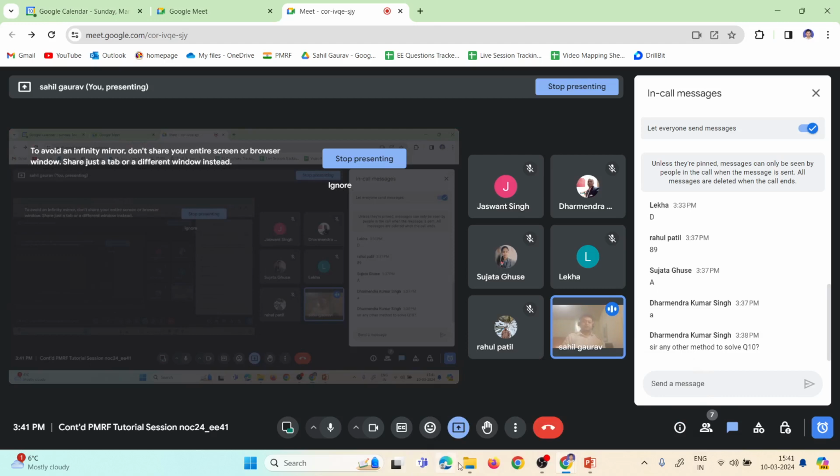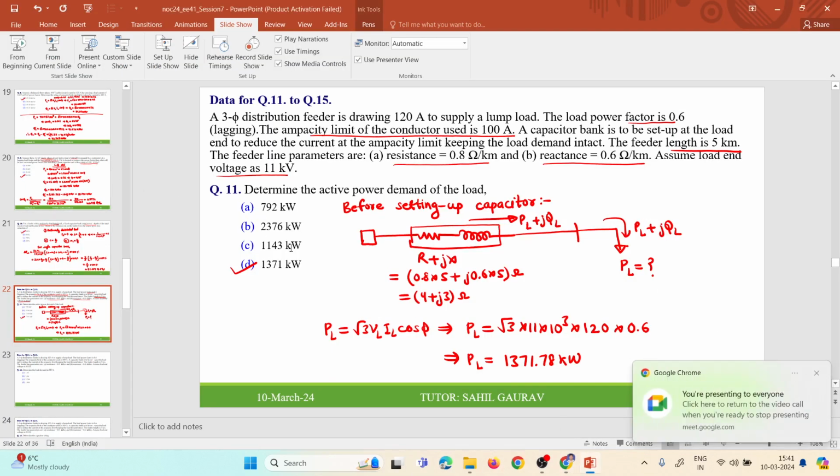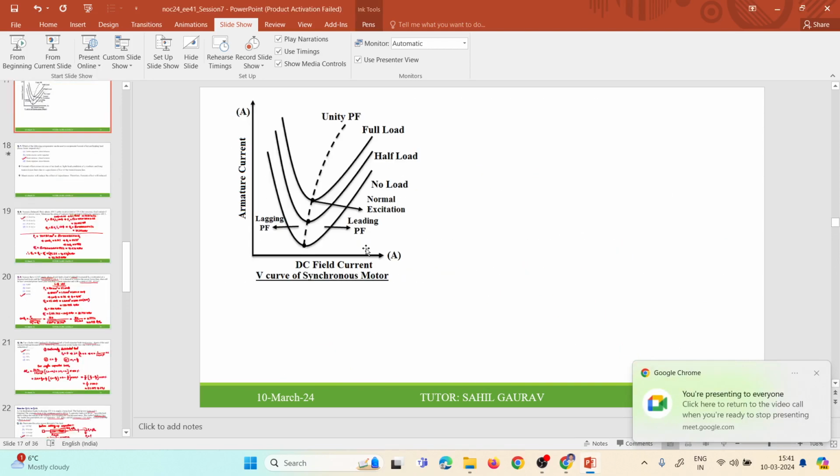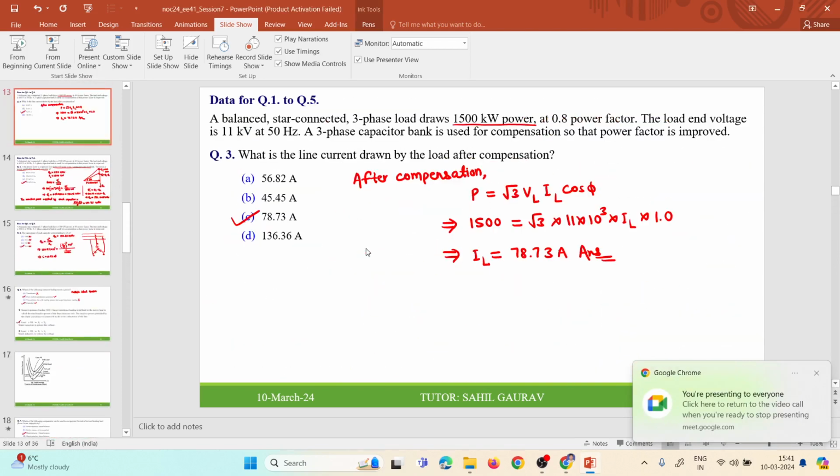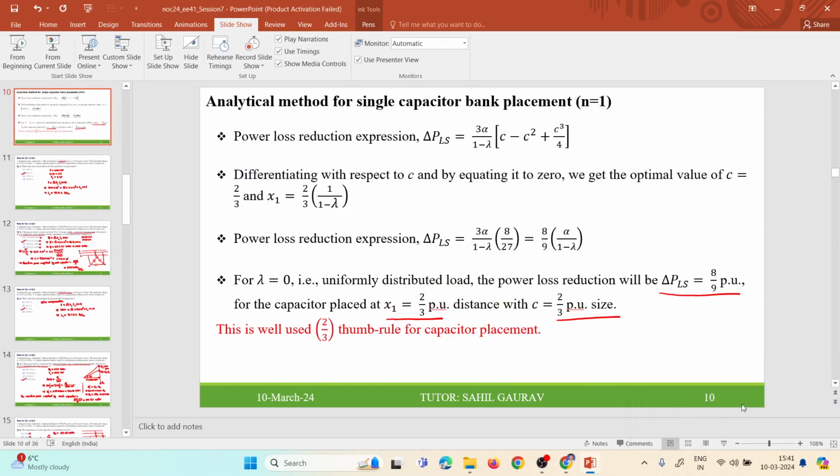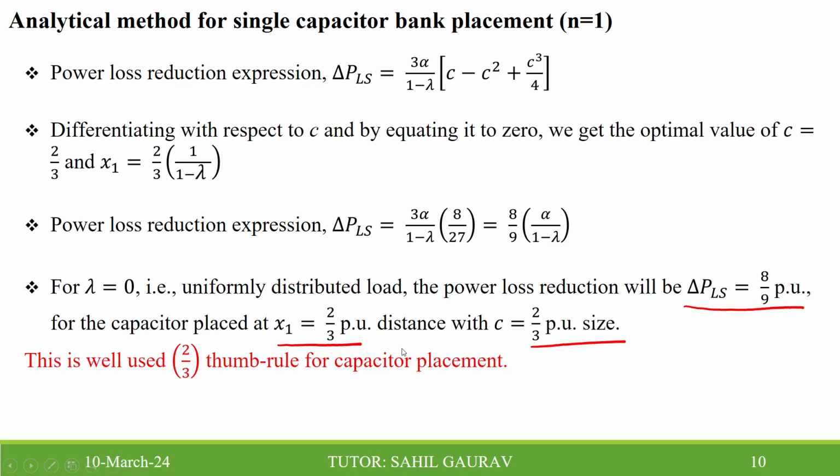Yeah, for problem 10, you can directly use what we have just solved. I think you are familiar with this slide that Gaungli sir has covered in the last module, reactive power conversion with the capacitor banks. That is the last slide.